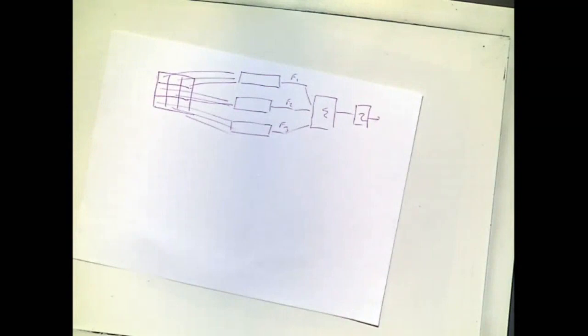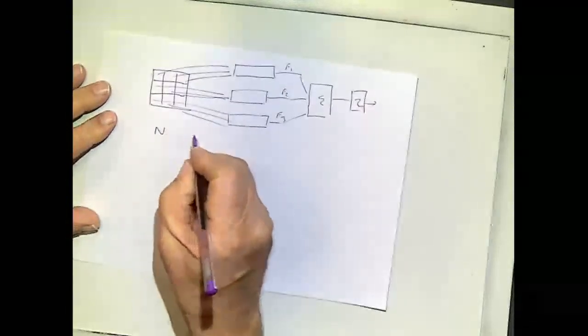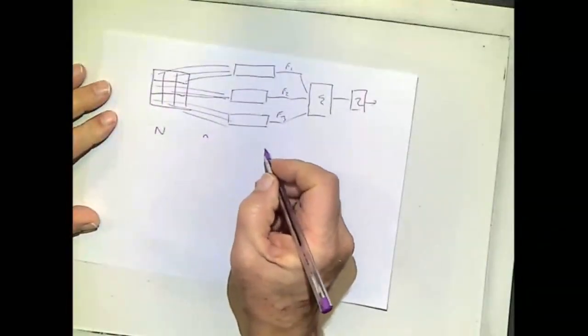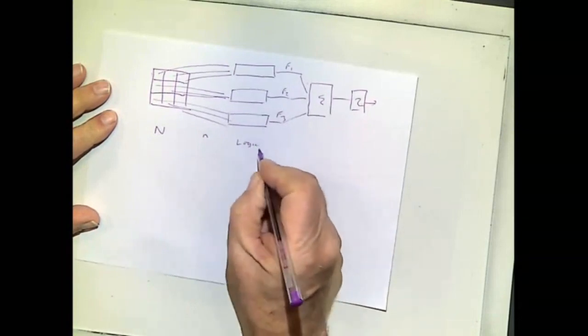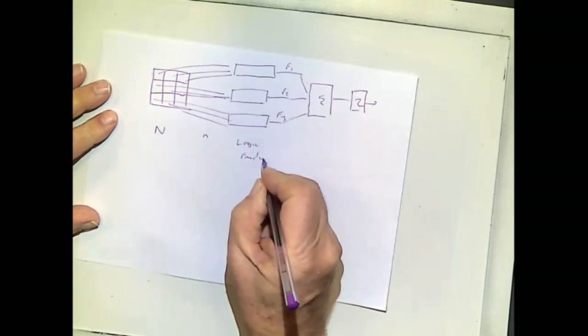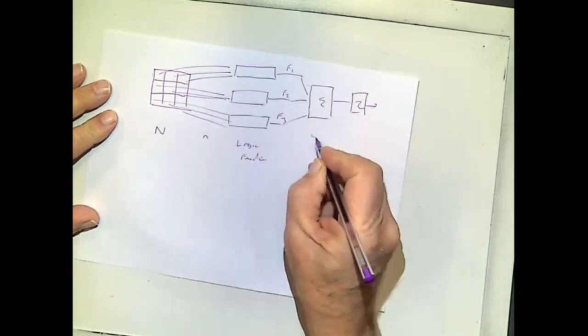Right, the implementation of those functions: memories, PROM technology. You don't wire up discrete gates. And to sample a 3 input space, let's put some numbers on here. N is the number of pixels, little n is the sample size. These are the logic functions. And we sum and threshold.